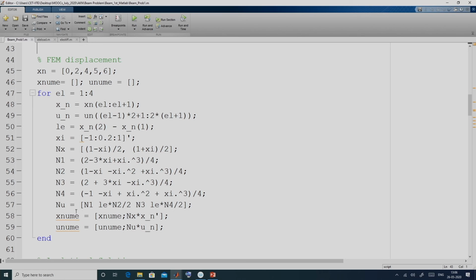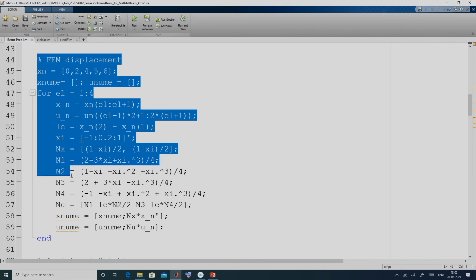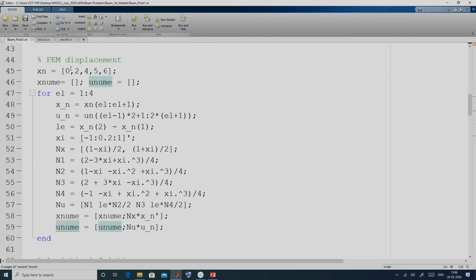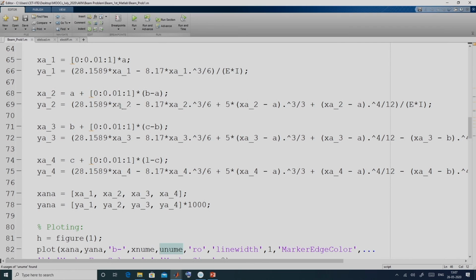So, in this part we did the post processing, where we have found the FEM displacement at different points other than nodes. So, this is our U numerical, that is numerical displacement, and we have also coded the analytical solution in this portion.